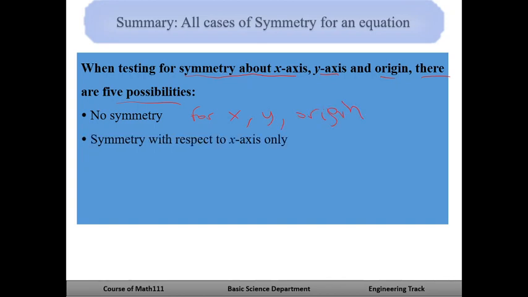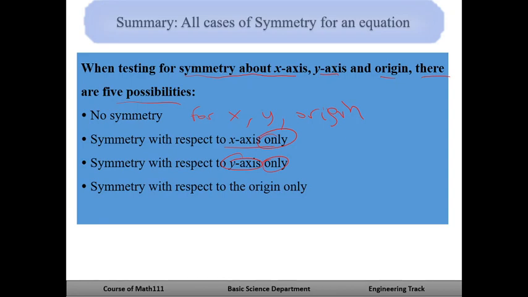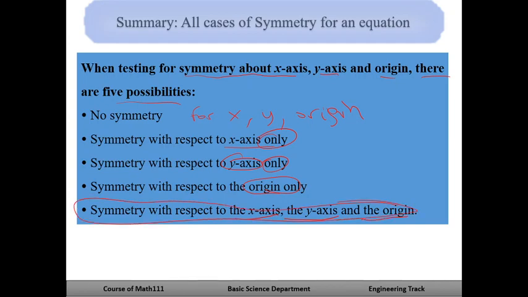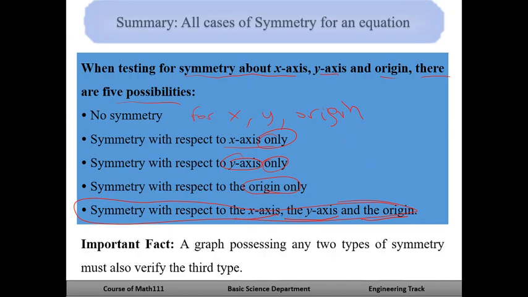Or symmetry to the x-axis only, symmetry with respect to the y-axis only, with respect to the origin only, and symmetry with respect to all of them. So what does this mean? How about x-axis and y-axis together? Isn't it possible? No. The important fact is this: a graph possessing 2 types of symmetry has also the 3rd type.